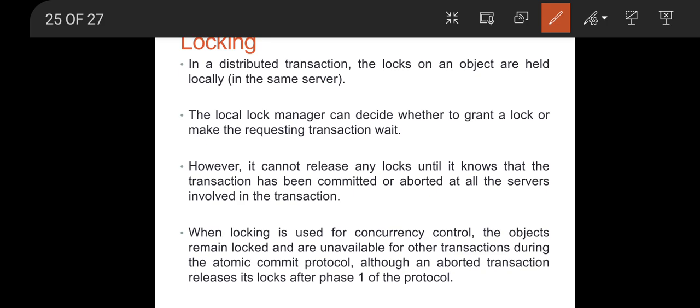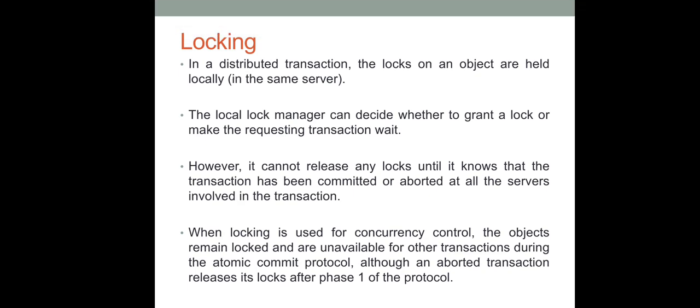That is, a transaction has locked object 1 and it is requesting object 2, which has already been locked by another transaction which is requesting the object which the first transaction is holding. So a deadlock situation can occur, and the traditional locking mechanism may not be sufficient to satisfy the requirement of a distributed system. So for locking also there are various variations.